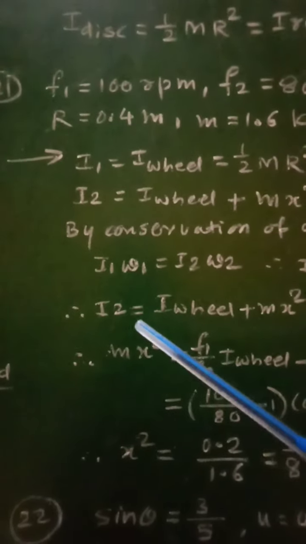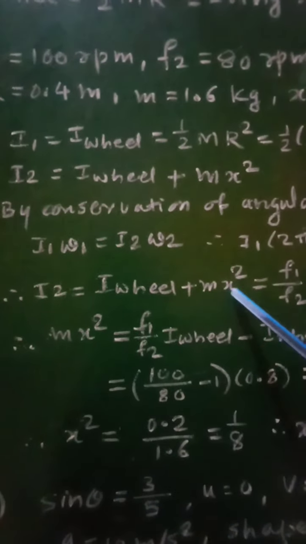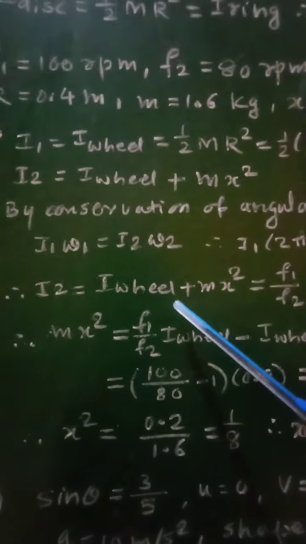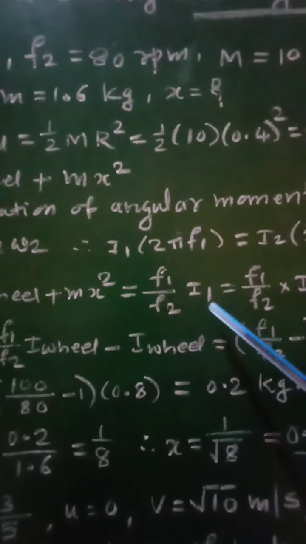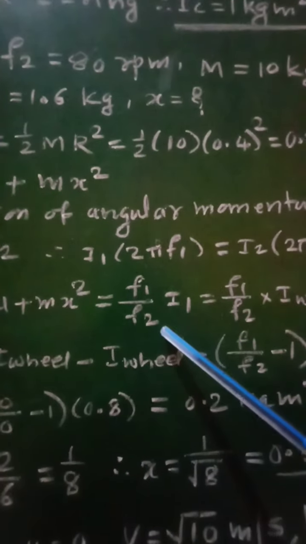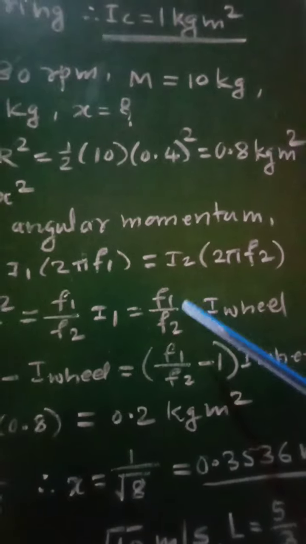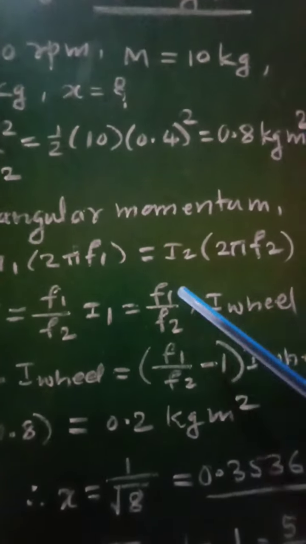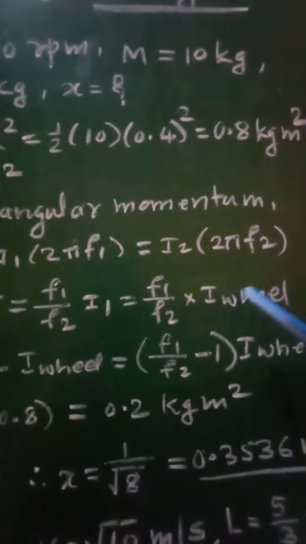Therefore I2 is equal to I fill plus mx square, that will be equal to f1 by f2 into I1, and that will be written as f1 by f2 into I fill.